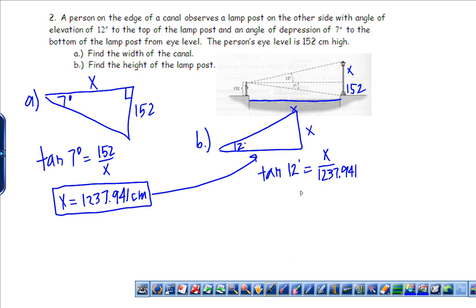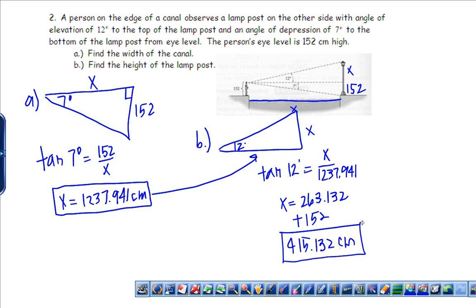And when you solve that value, the second part of my lamp is going to be 263.132. And then, of course, I have to add the height of the person, which is the bottom part of the lamp, which is 152. And I get a total lamp height of 415.132 centimeters. Perfect.